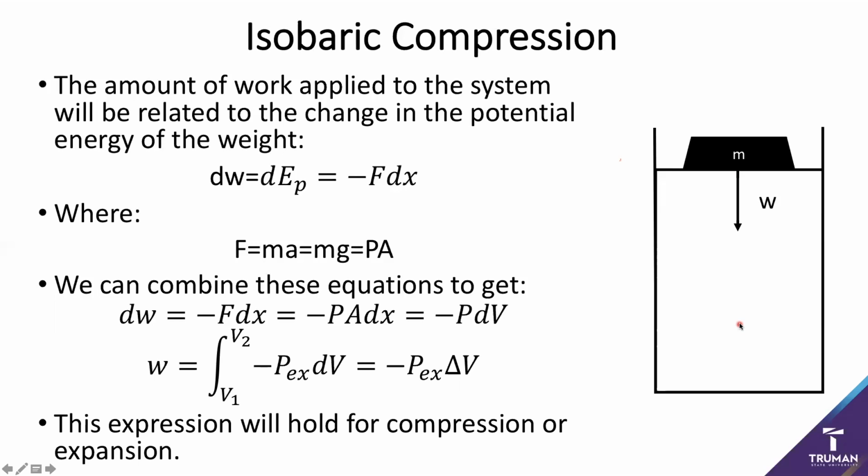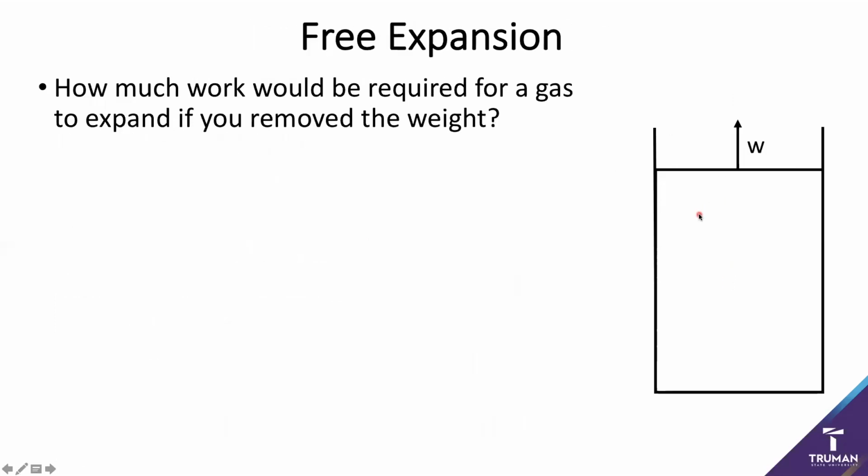What we want to figure out is what the change in energy would be if I remove this mass from the system and allow my piston to essentially return to where it started. So let's think about how much work the system requires for the gas to expand back to its original position if I remove the weight.